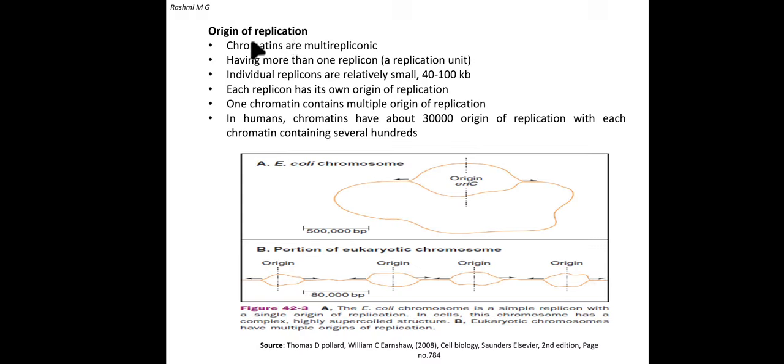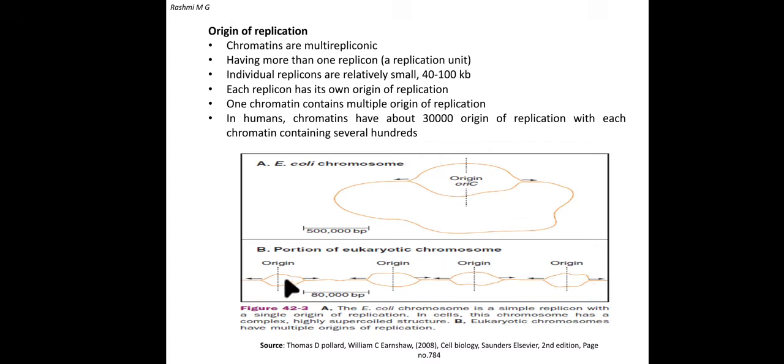In this context, chromatins are multi-repliconic, meaning they have multiple regions of origin of replication from where replication initiates. So they have more than one replicon, a replication unit. The individual replicons are relatively small, 40 to 100 kb, and each replicon has its own origin of replication.